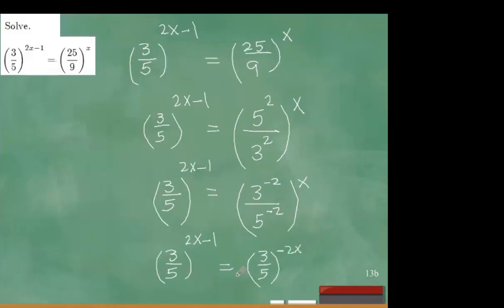We have the base the same, so we can conclude that the exponents must be the same. 2x minus 1 must be equal to negative 2x then. So if I add 2x to both sides of the equation and add 1 to both sides, I get 4x is equal to 1. So x would be equal to 1 over 4.